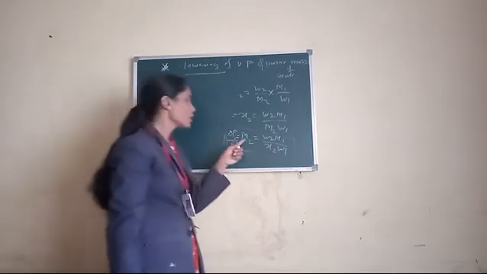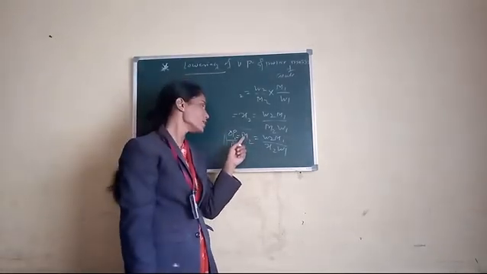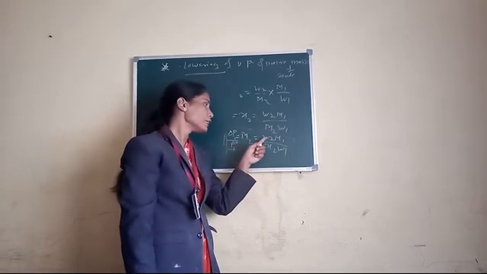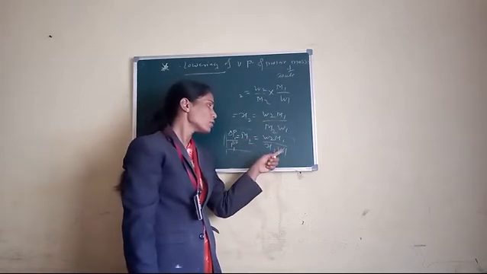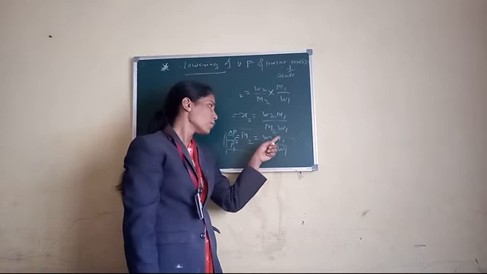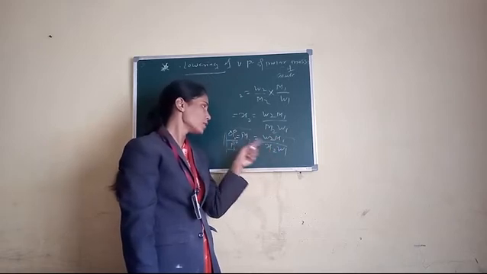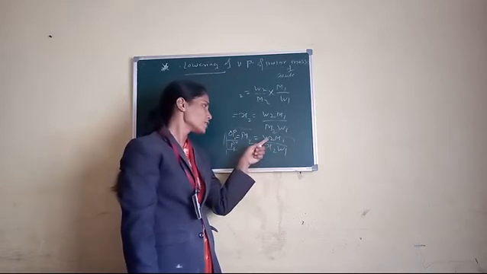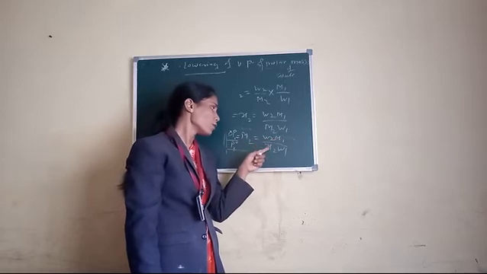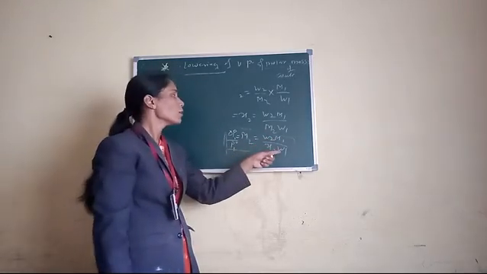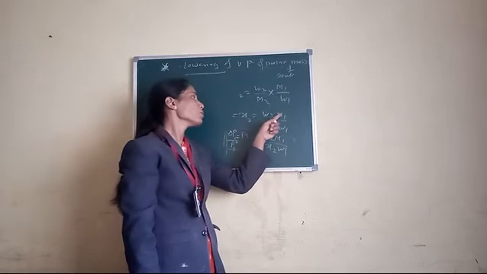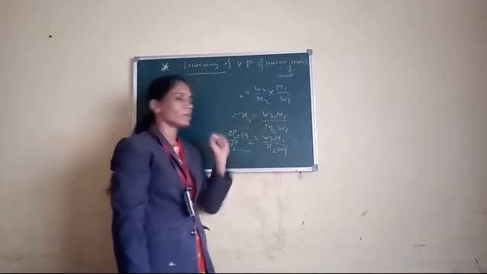This formula is very easy to learn: M2 is equal to W2 M1 upon X2 W1, or W2 M1 upon delta P upon P1 naught into W1.